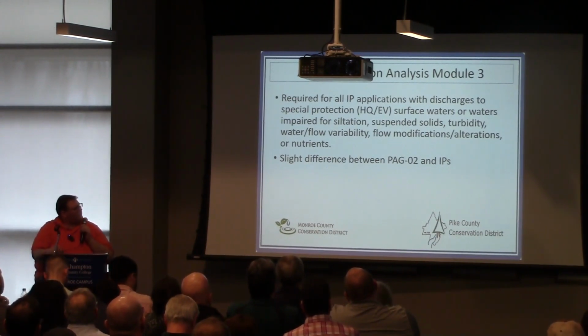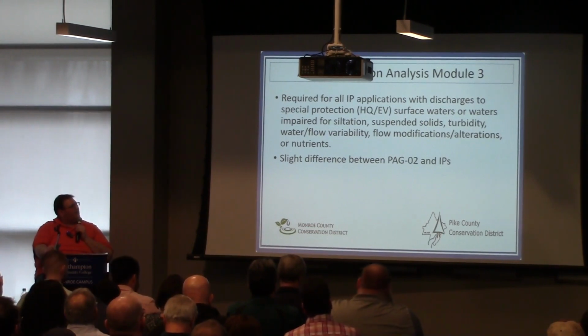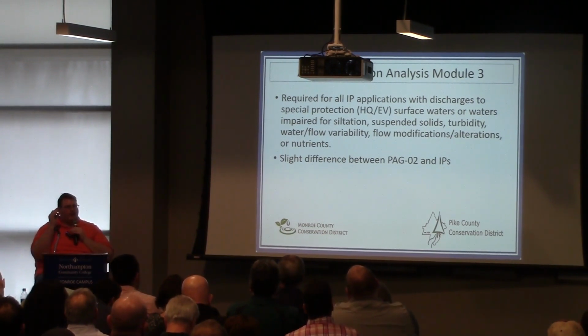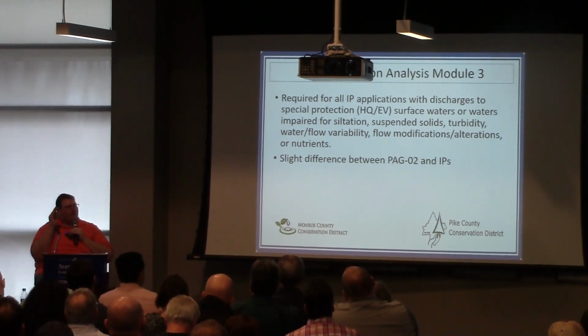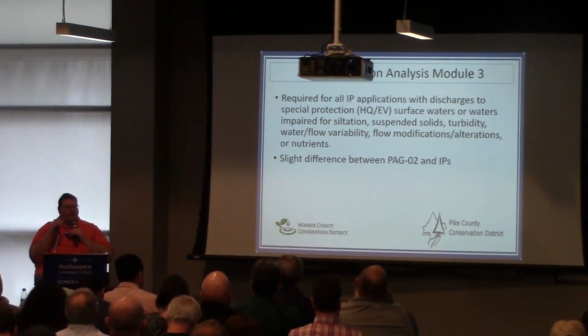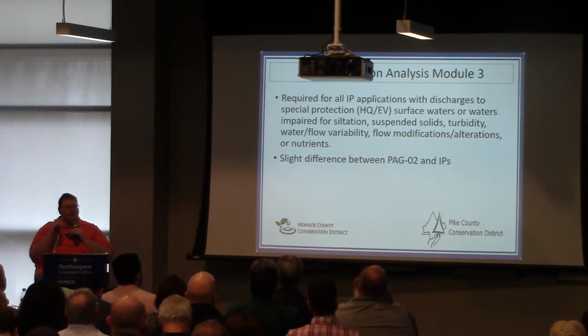So now we're going to talk a little bit about the anti-DEG analysis module, which is module 3. This is similar to the old NOI where they had the anti-DEG analysis part 1 and part 2, where they talked about non-discharge alternatives as well as ABACT BMPs.